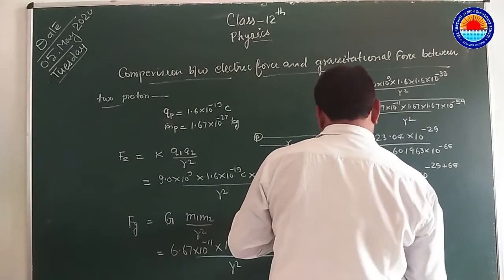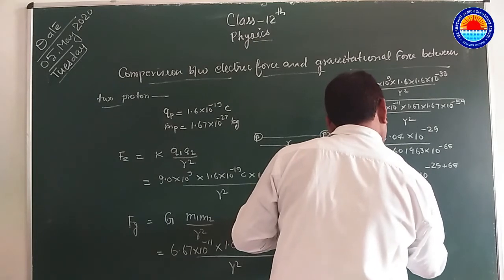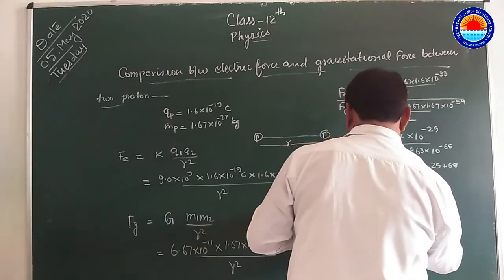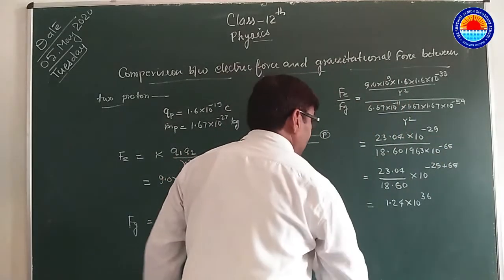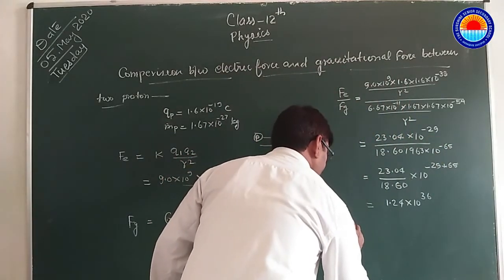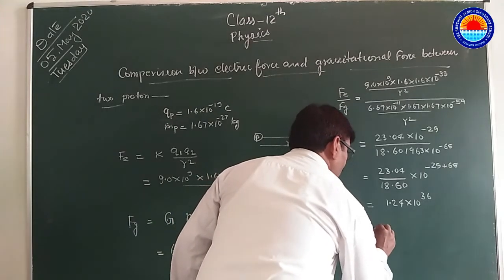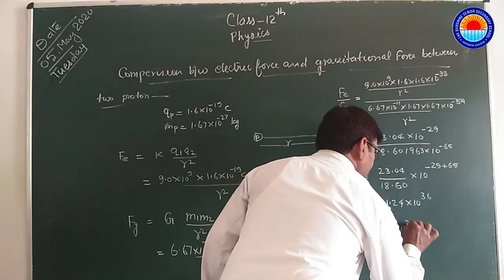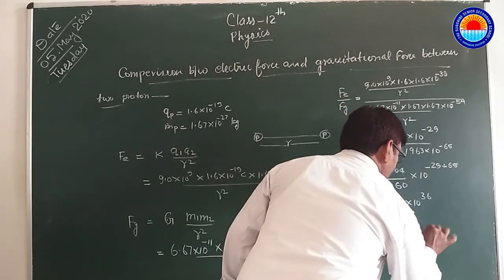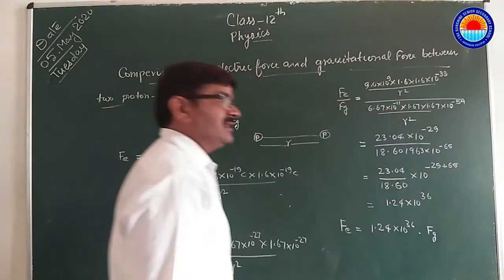It is equal to 1.24 into 10 to the power 36. That means the electrostatic force is equal to 1.24 into 10 to the power 36 into the gravitational force between them.